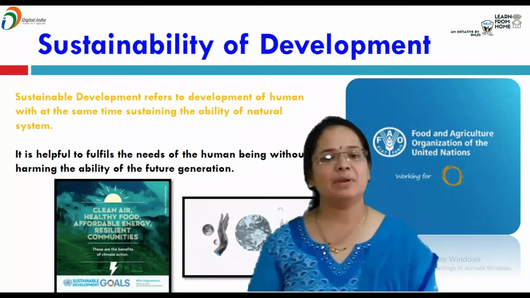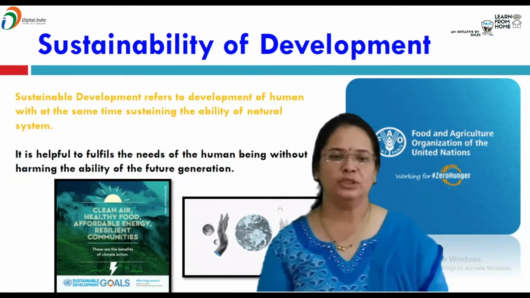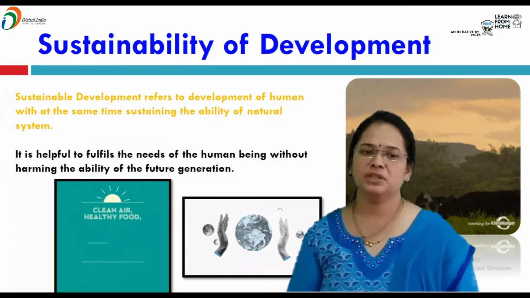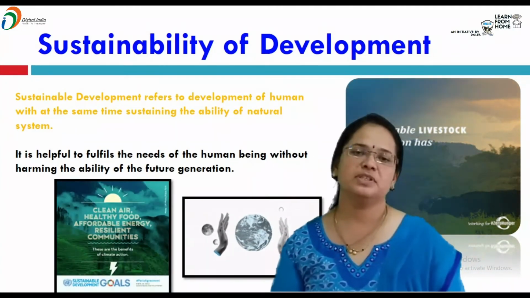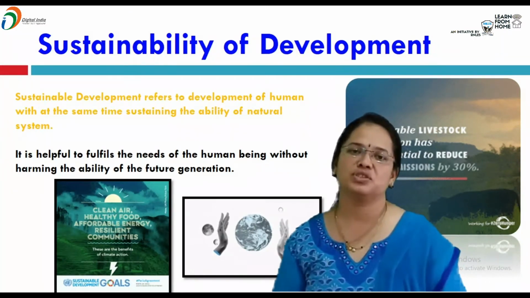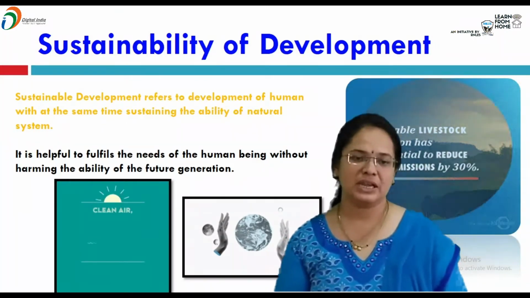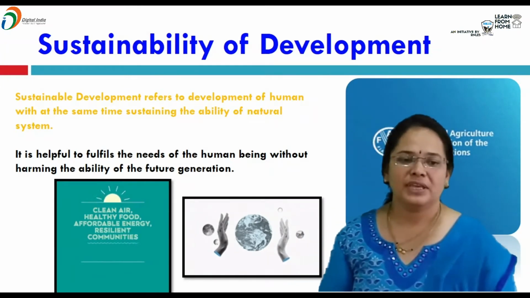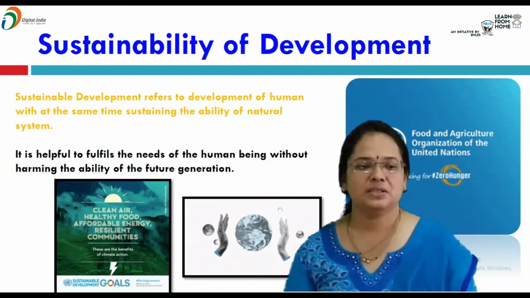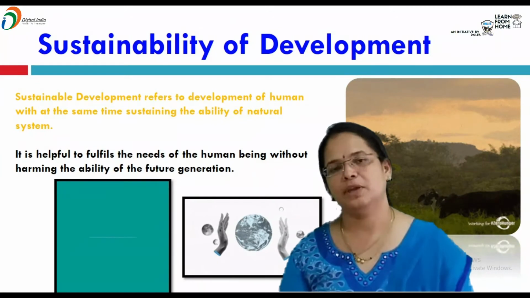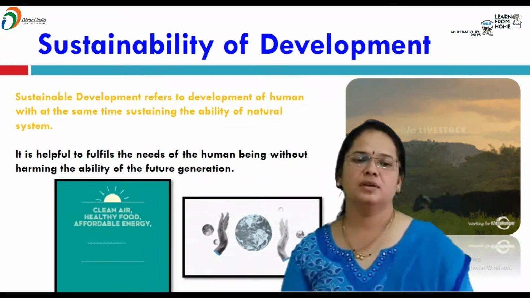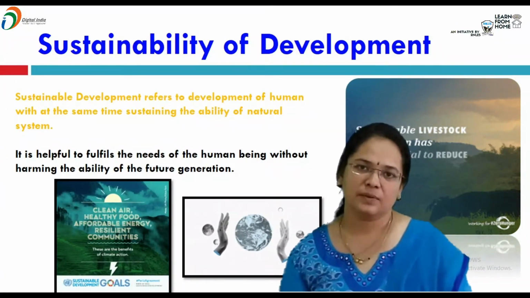Hence, sustainable development refers to the development of human beings while at the same time preserving natural resources and natural systems. Understand? That's why we can say that sustainability is fulfilling the needs of human beings without harming future generations.